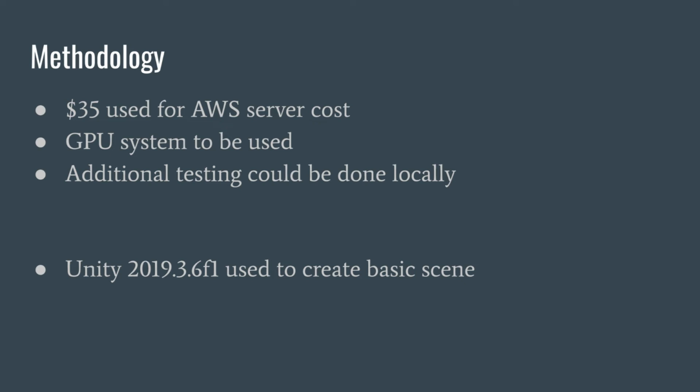The Unity game engine is utilized for the creation of the basic VR scenes. For the project, Unity version 2019.3.6f1 is used in all discussion. A very basic scene was created, shown here.